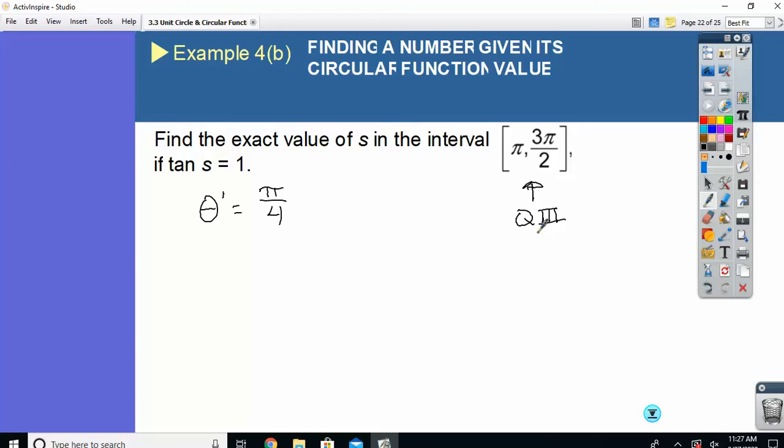Add 1 to the numerator, right? In quadrant 3, the numerator is 1 bigger. So our answer is 5 pi over 4. Any questions on this?